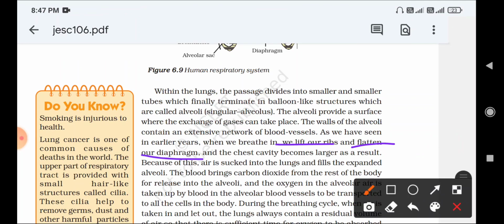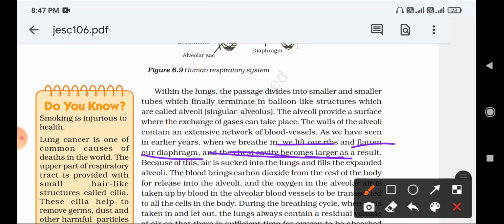So the chest cavity becomes large as a result. When we breathe in, we lift our rib muscles and flatten our diaphragm, and the chest cavity becomes larger.